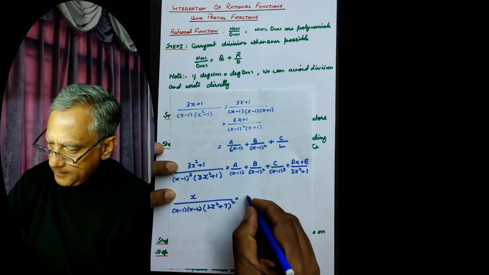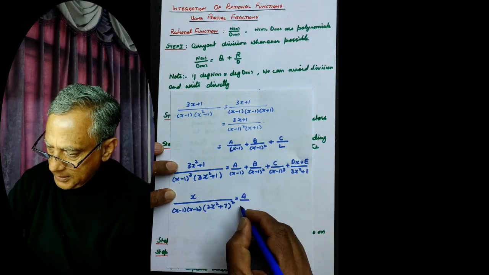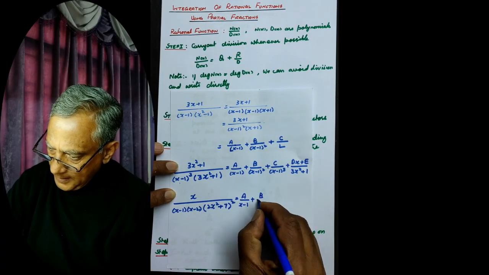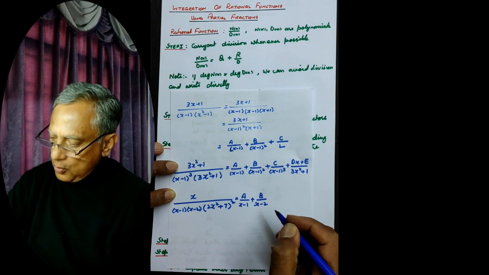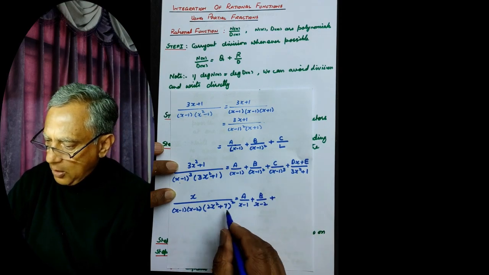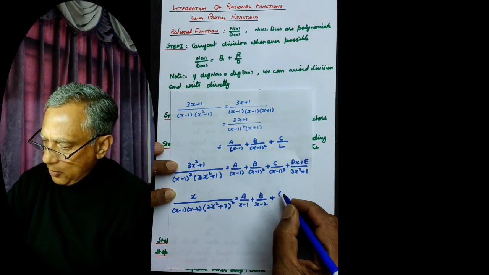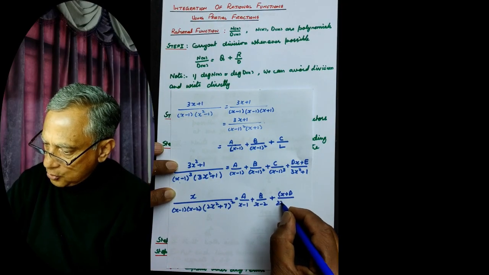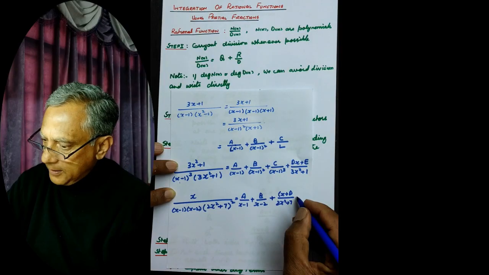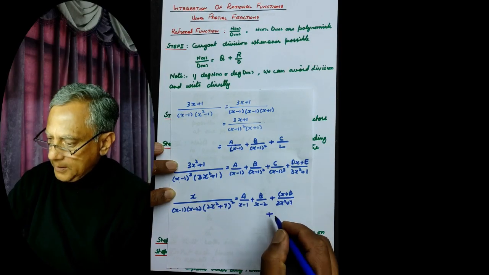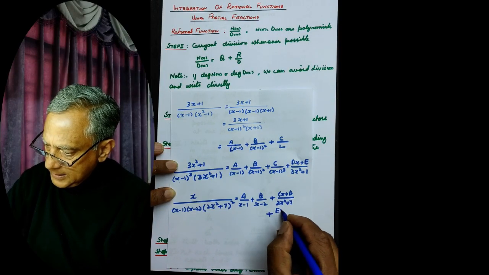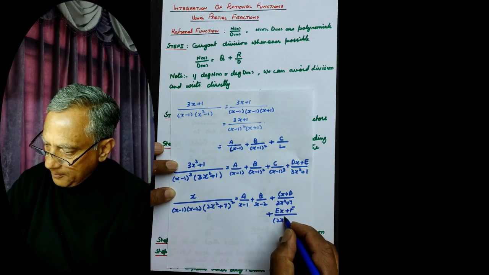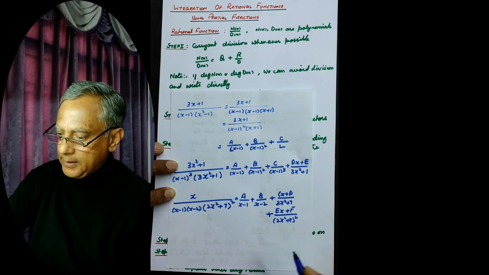So this will be A over x minus 1 plus B over x minus 2 plus, now this is a quadratic squared, so we will increase the power 1 by 1: Cx plus D over 2x square plus 7, plus next will be Ex plus F over 2x square plus 7 whole square.